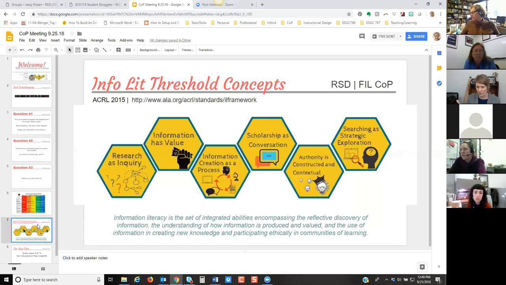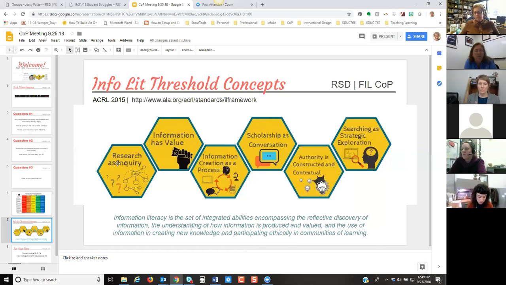So if you want to build around any of these student struggles, and you identify that they're having problems, we're talking a lot about research as inquiry, right? Looking at the question asking and the curiosity and the messiness of it, go ahead and look at those things, and it might give you an idea of how you would want to assess to make that visible.